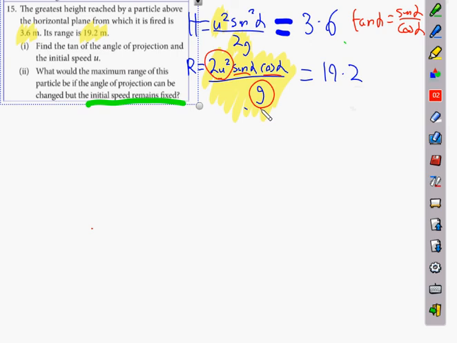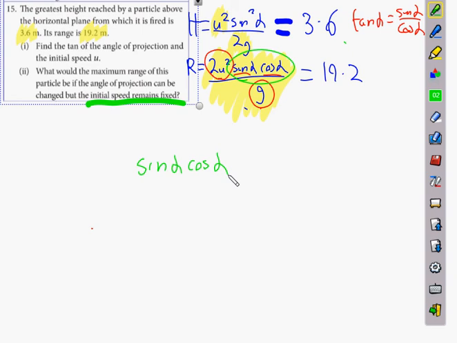Gravity is a constant, can't be changed. So where's the variable part? The variable part is the sine alpha, cos alpha. Now, with the sine alpha cos alpha part, you do something called differentiation and you'd work out the angle to be 45 degrees. We can't do that just yet.